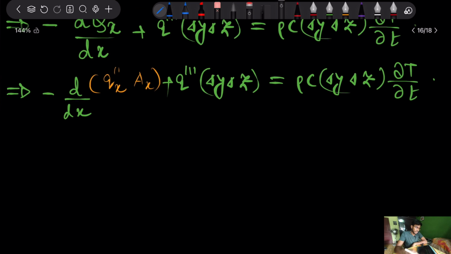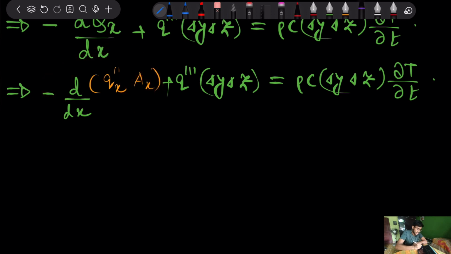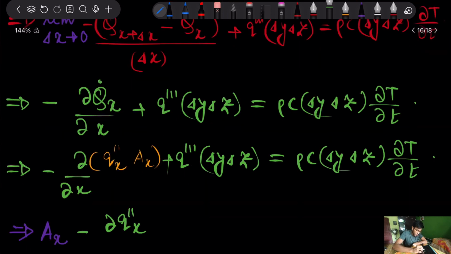So for Cartesian coordinates, this is not a function of x, so I can take this Ax out. Ax into minus del q double prime, actually I should write it as del, because that will be mathematically more appropriate, as this can be a function of time also.